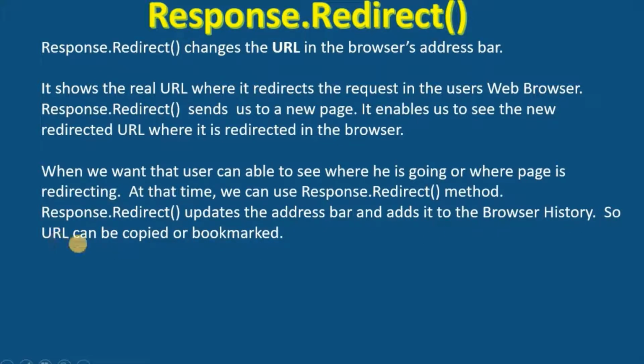So URL can be copied or bookmarked because redirected URL is showing in browser. So when we want that user can able to see redirected URL, at that time we can use response.redirect method.